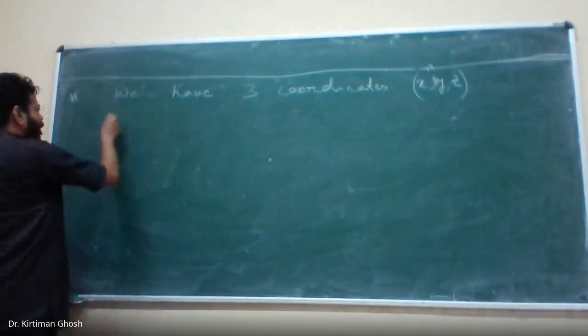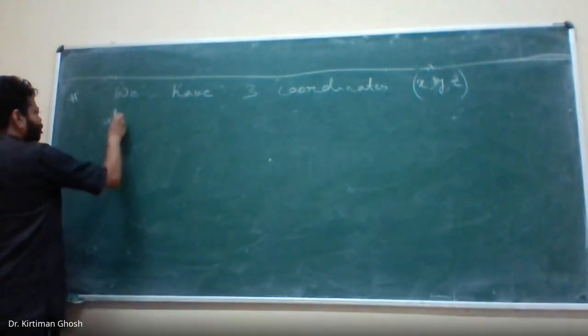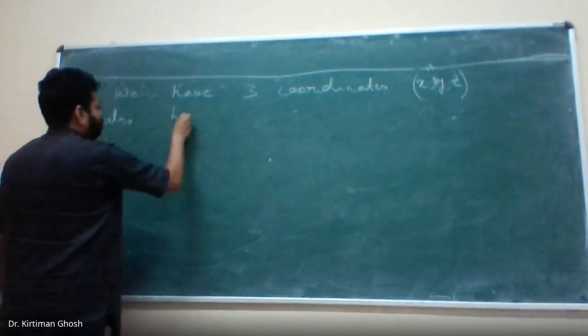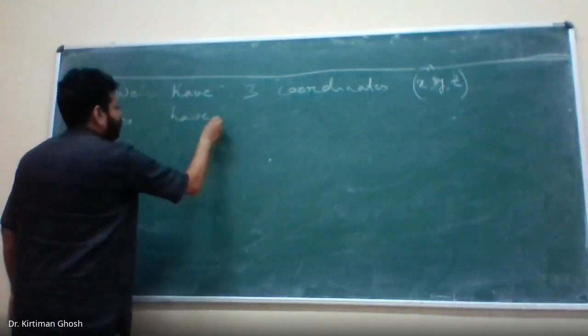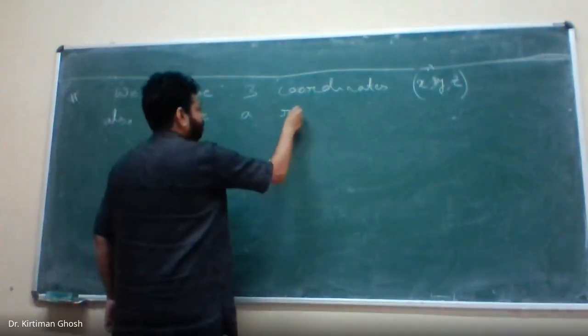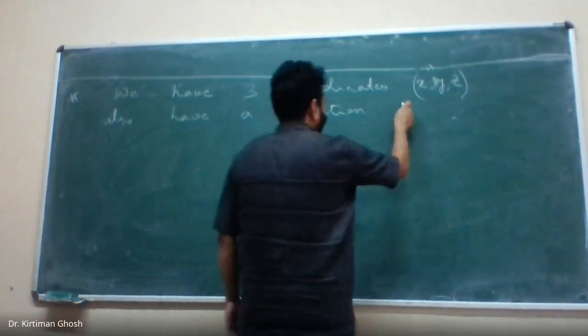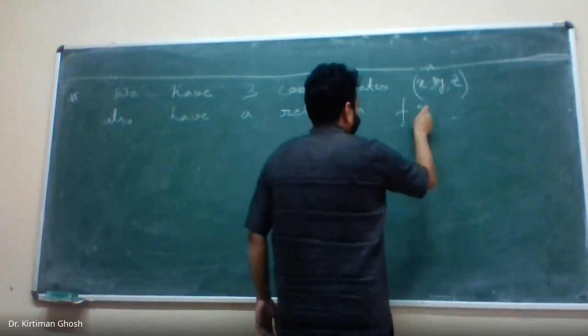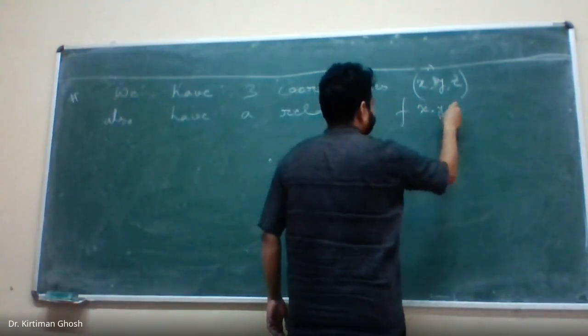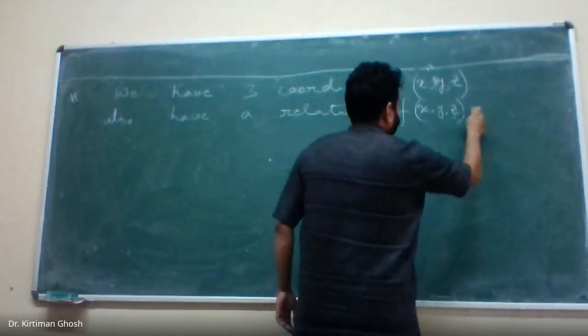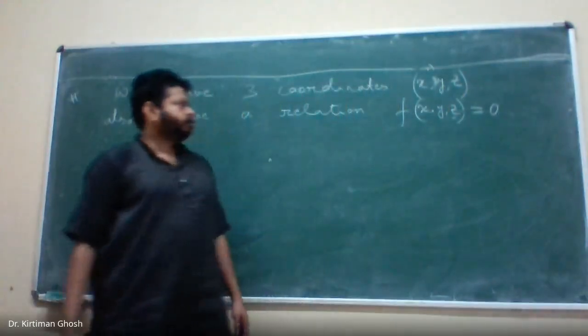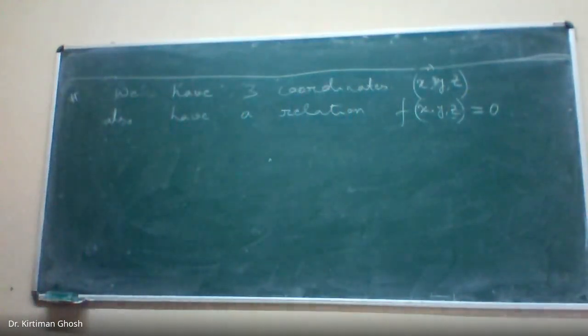And we also have a relation, a mathematical relation that can be written as some function f of x, y and z equal to 0. So you understand the picture, right?